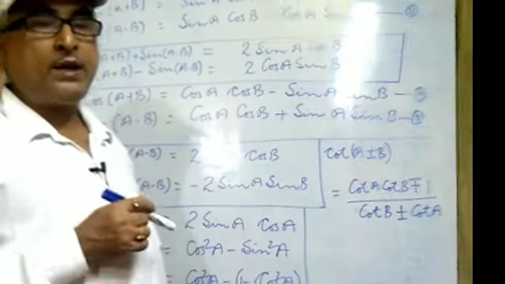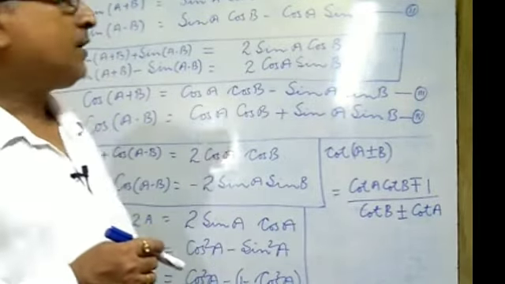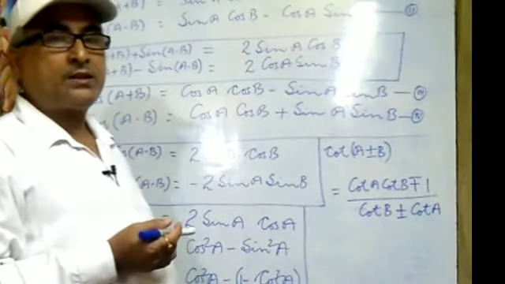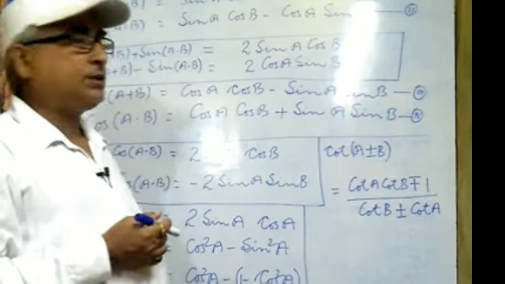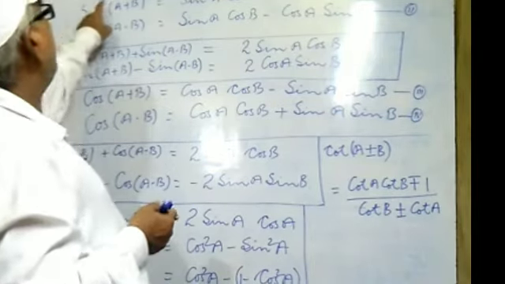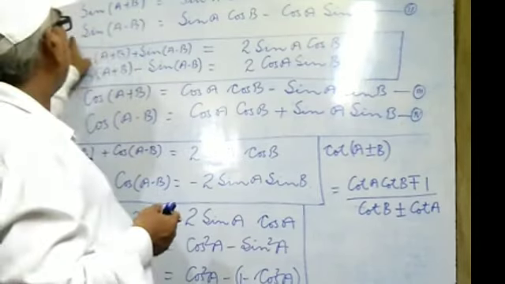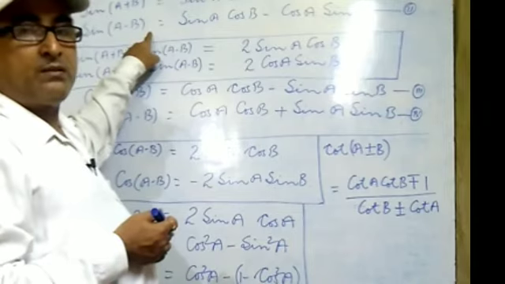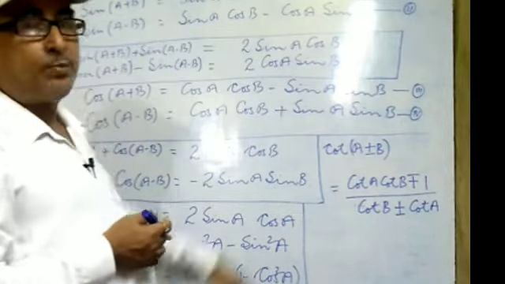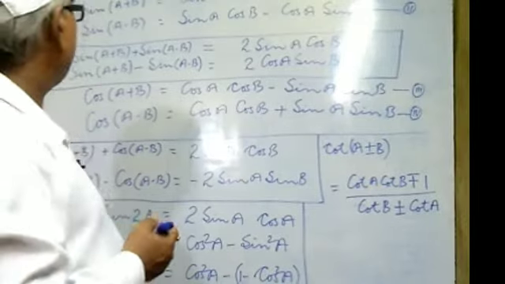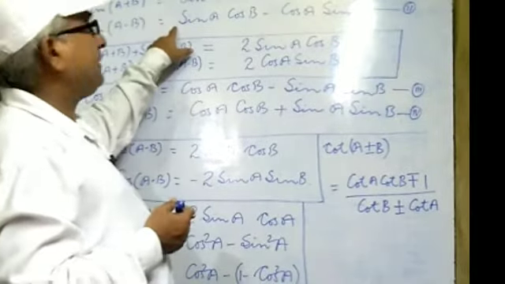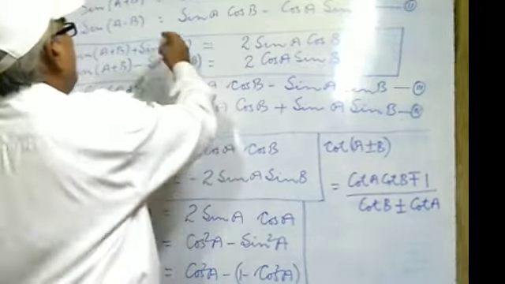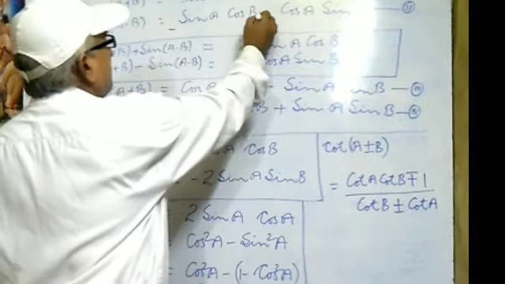In a similar pattern, we have to subtract equation number 2 from equation number 1. After subtraction, you may see, it will be sin(A plus B) minus sin(A minus B). The subtraction process is completed. How to subtract here? Here it will be minus and this will become plus.